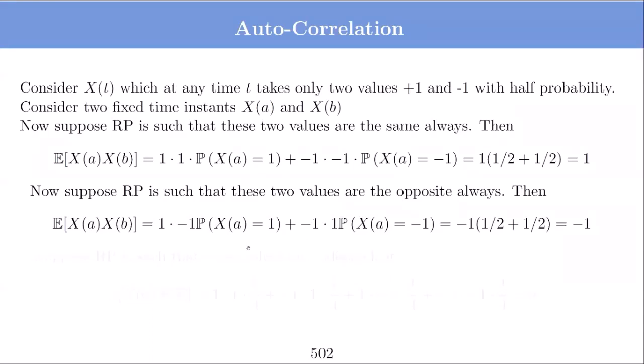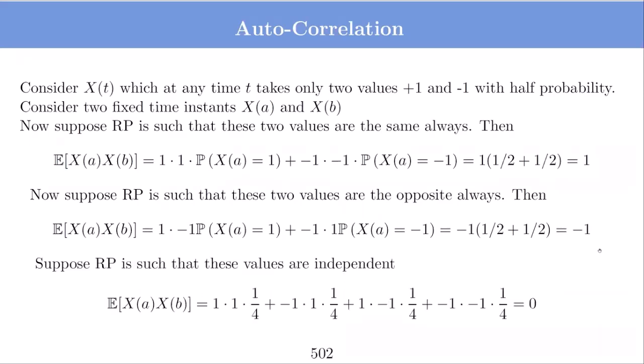Both occur with half probability, so the expectation of this product is -1. These two cases represent two scenarios where you can tell the value of Xb from the value of Xa. In the first case, because they are equal, if I know Xa is 1, I will tell Xb is also 1. In the second case, they are always opposite, so if Xa is -1, I will tell Xb is 1. That's why I'm getting very high values of autocorrelation, which tells that there is some dependence between the two.